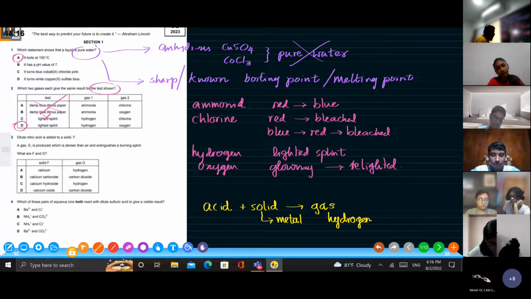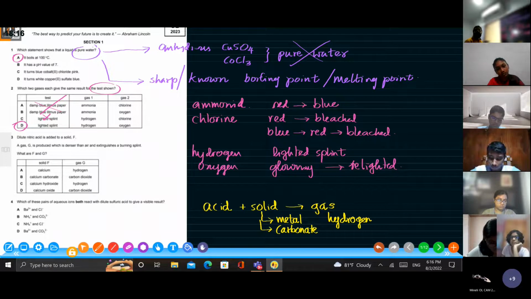What's the other type of solid? Carbonates. If it is a carbonate or hydrogen carbonate, it also gives you a gas. What is that? Carbon dioxide.